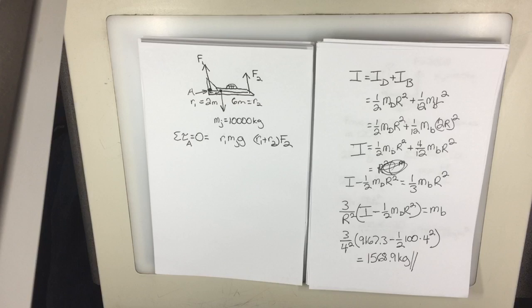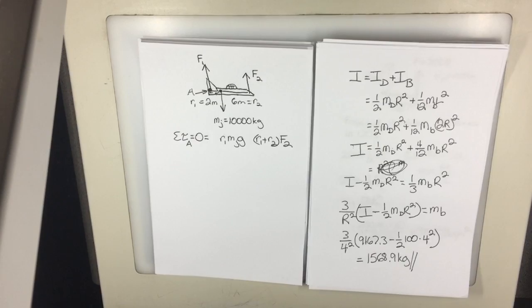In both cases, the mass of the jet and F2 are to the right of our point A. So for MJ, it's to the right and down, thumb into the board, or negative. F2 is to the right and up, thumb points out and is positive.